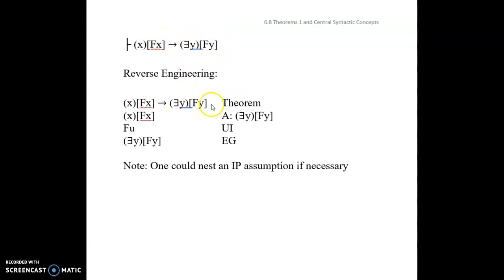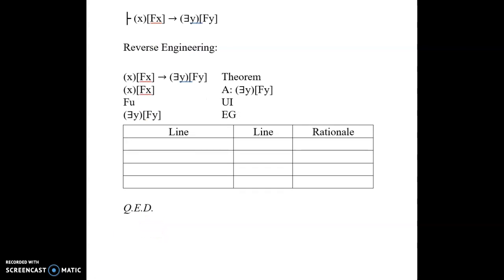Supposing we had this, you would just assume the antecedent, and you would look for this existentially quantified thing. And note, if you couldn't quite get that, you could assume its negation for a nested IP assumption if you wanted to, but we're not going to need that. So with that hint, see if you can go ahead and write up the actual proof that this sentence is indeed a theorem of logic. Pause now.